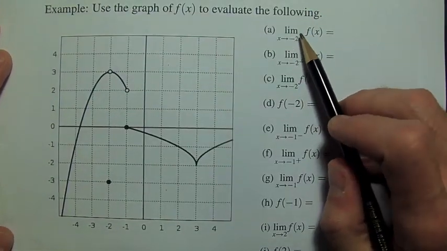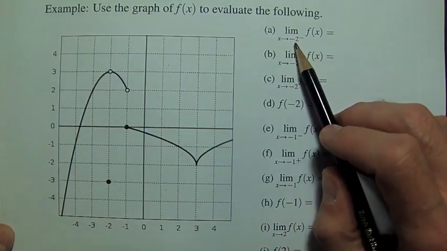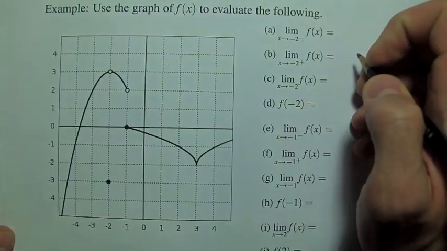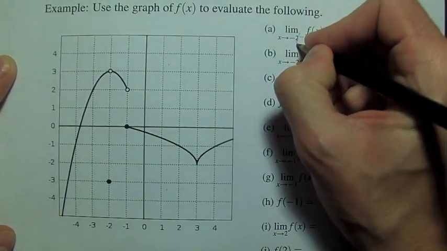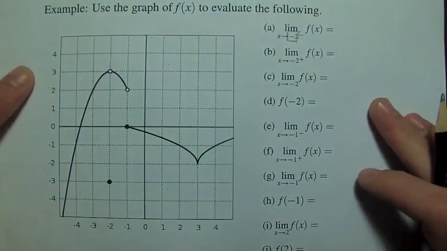So say, first of all, I want to find the limit as x goes to -2 from the negative side of f of x. Right, so this -2 to the negative. So first, -2, that's the value I'm looking at here.